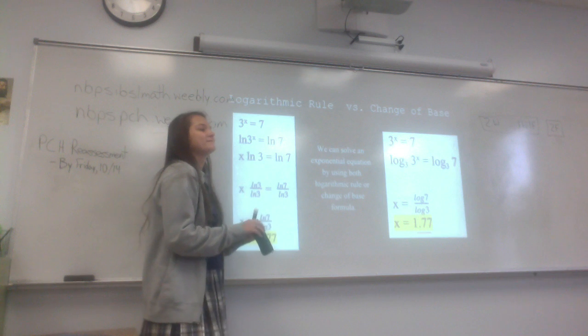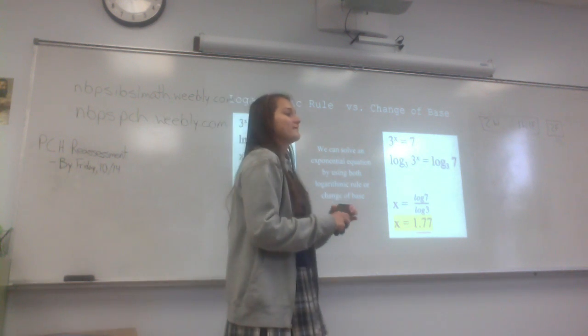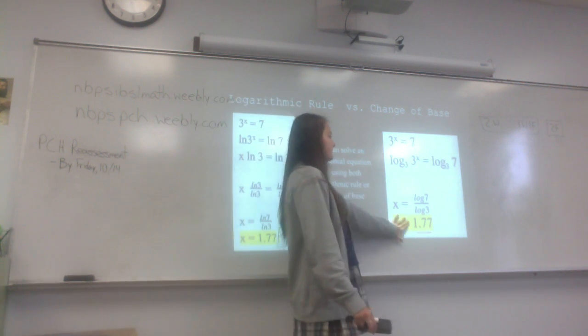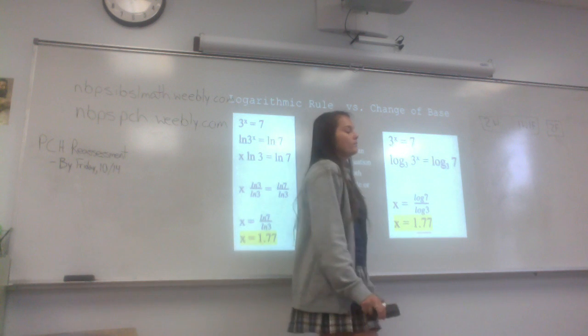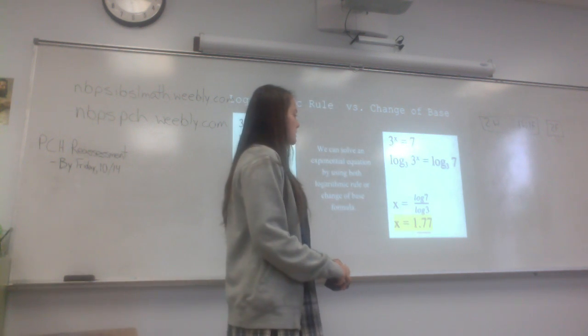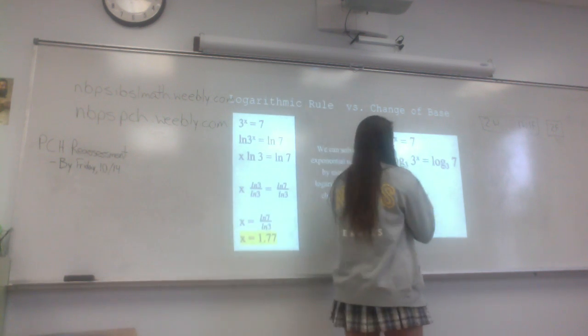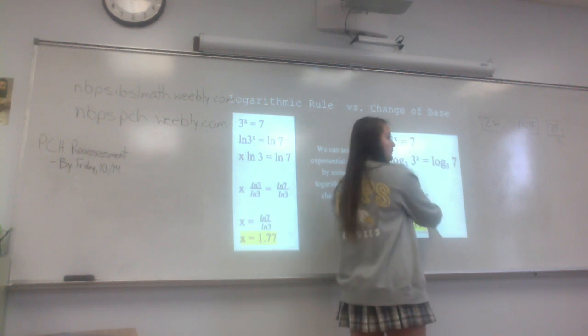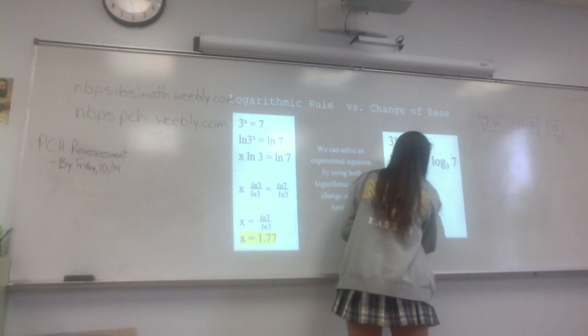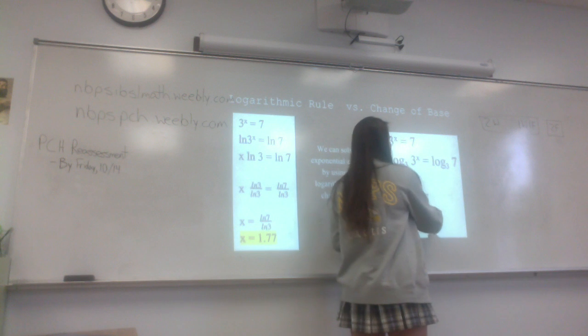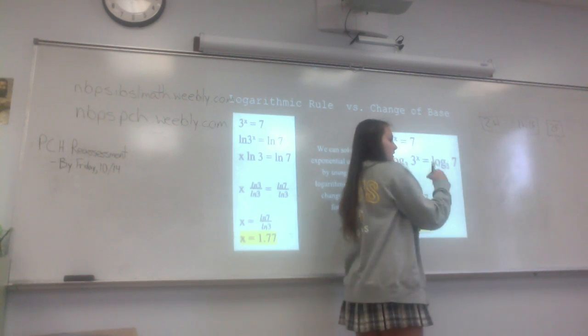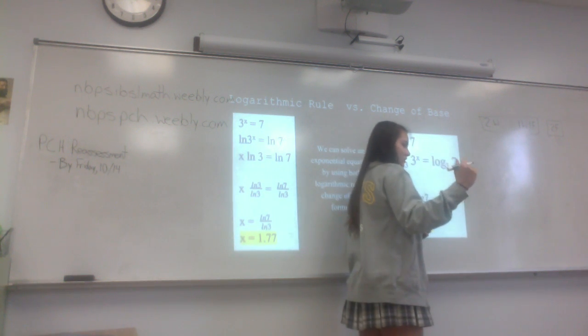Yes? I'm sorry, for that last one, is it just log of 10 or is it the log of 3 still? When the log base is not written, that means it's 10. Log base 10. Every single time it's not written, it is because the calculator is already set to that.